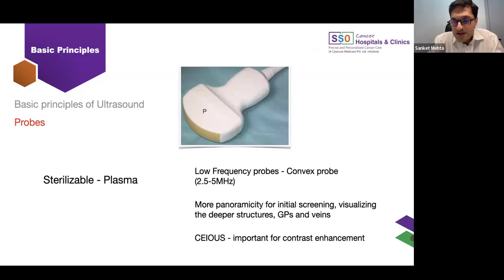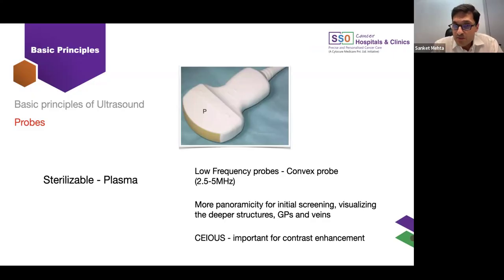So the commonly used probe is the convex probe. This is the basic probe which is there in all sonography machines. It's the workhorse in cutaneous sonography. We also use it as a screening mode for starting off the sonography before the mobilization of the liver.